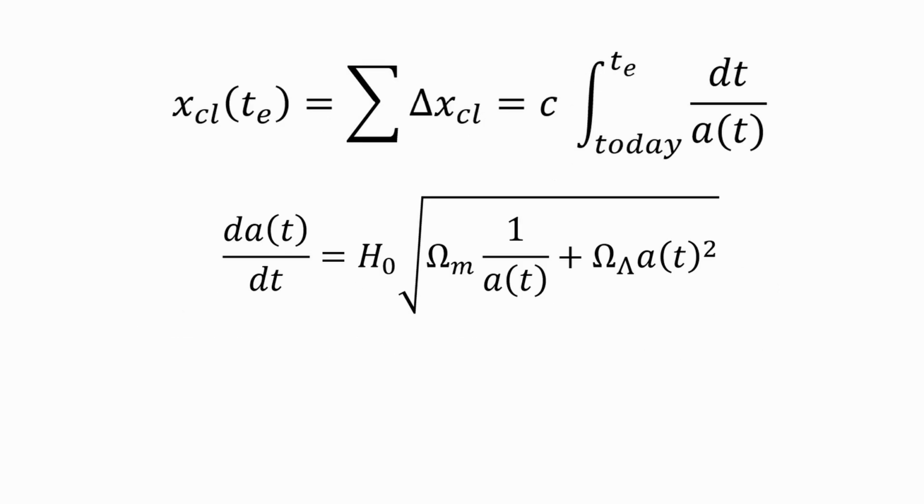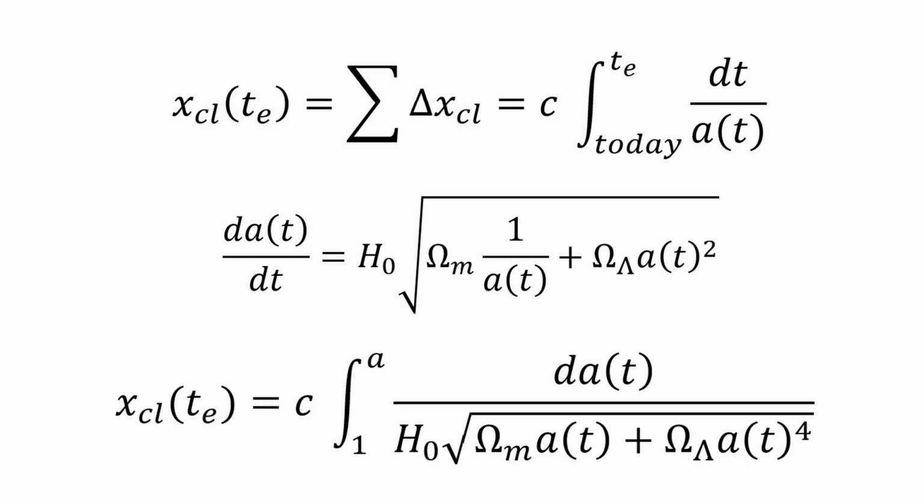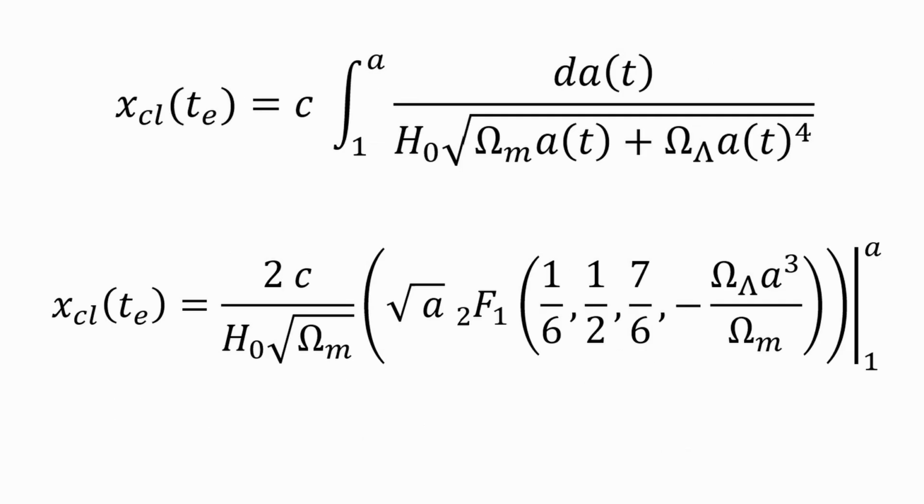Using the cosmological model equation, the co-moving distance traveled by light becomes the analytical solution involves hypergeometric functions.